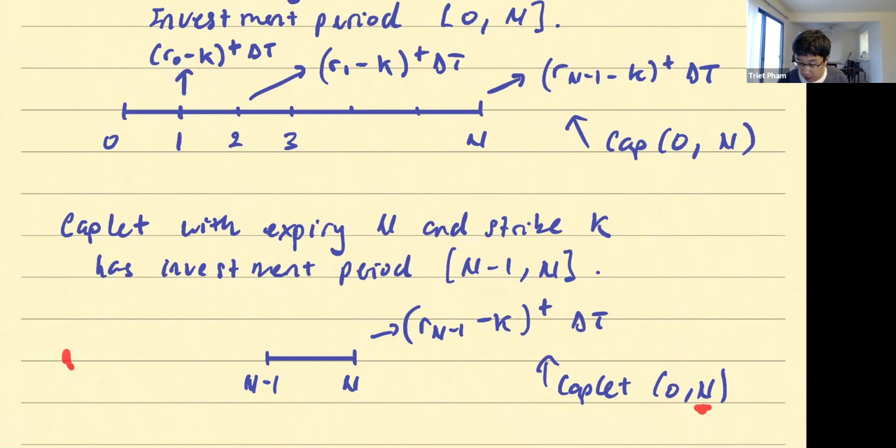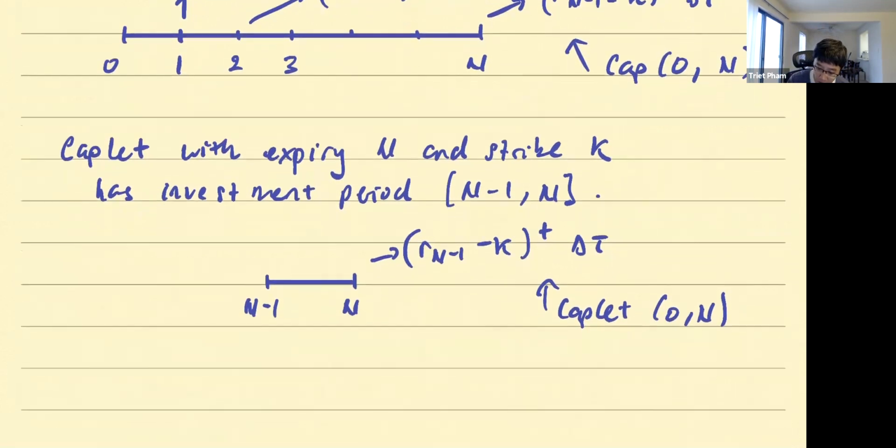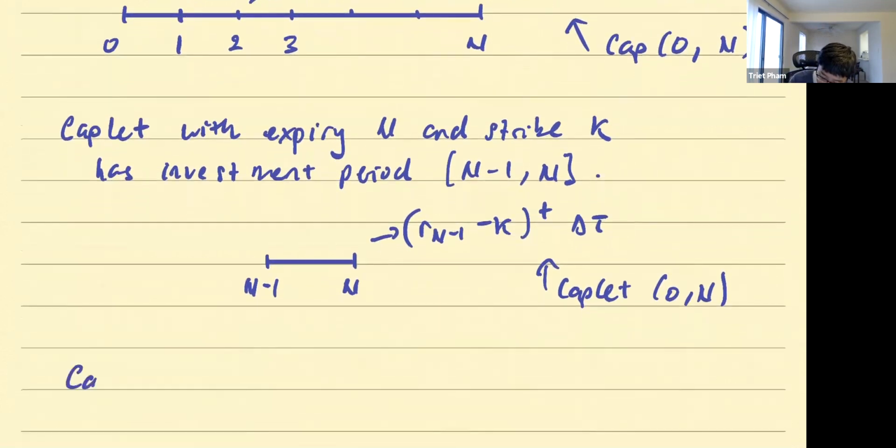But the n says you only have one single payment at time n. If we understand the meaning of this notation, it's very simple to write: a cap can be broken down as a bunch of caplets.